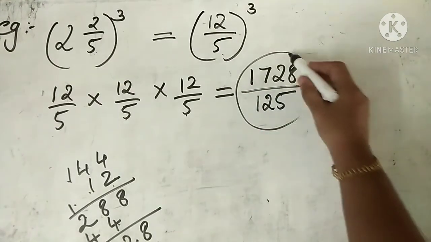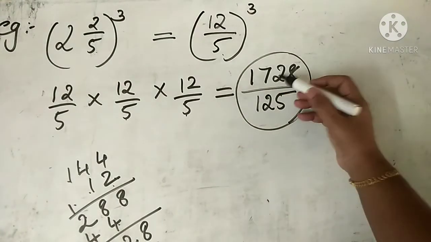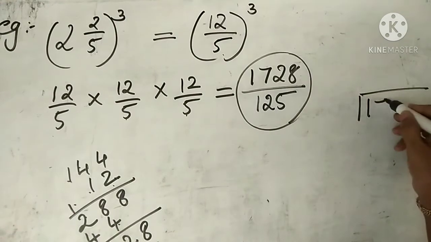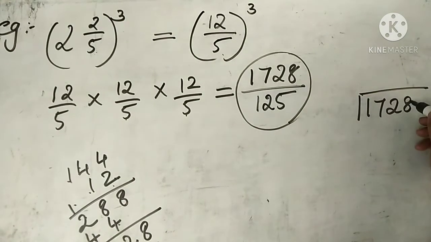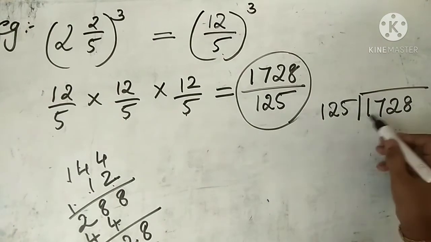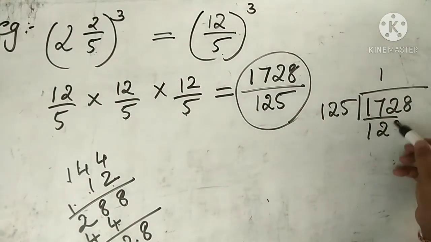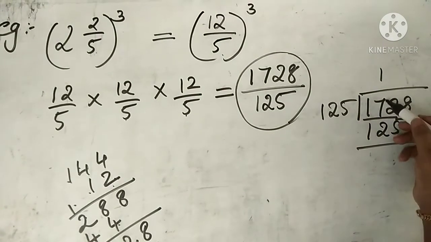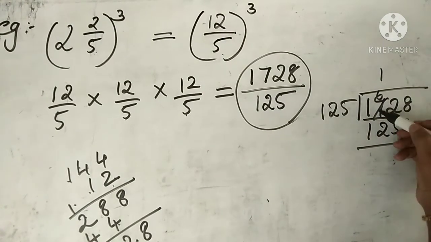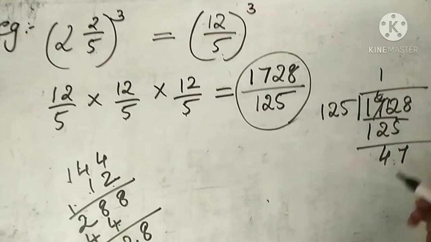This is an improper fraction. So let us make it a mixed fraction. How will we make it? We will divide the numerator 1728 by the denominator 125. We take the first three numbers, 1 times 125. Balance. How much is the balance? 7 becomes 6, then 7, then 47.